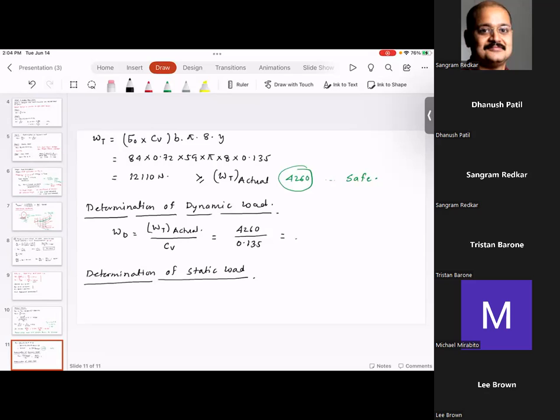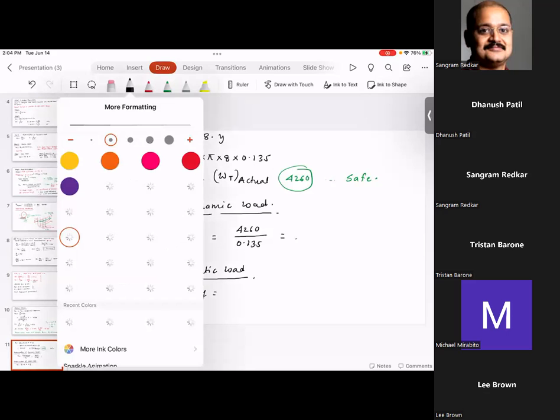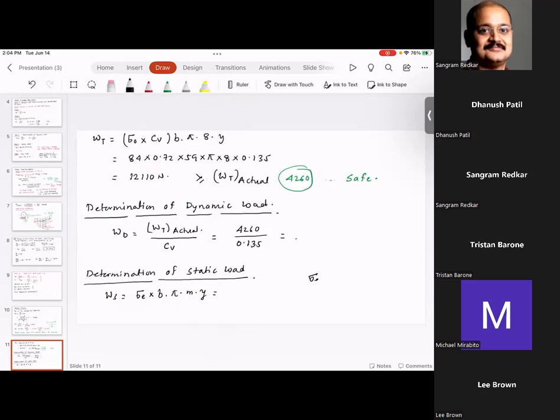So which is WS, and WS is sigma E times B times pi times m times y. Sigma E for phosphor bronze is given as 168.